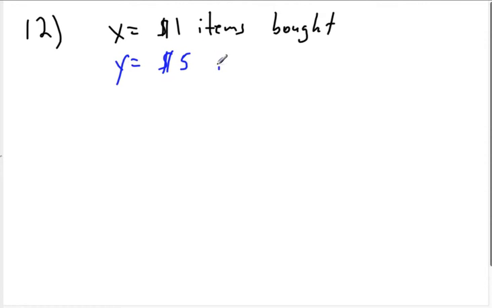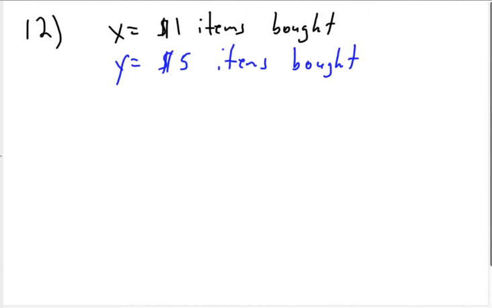Well, let's read it out. X equals $1 items bought, and then Y could equal $5 items that you buy.